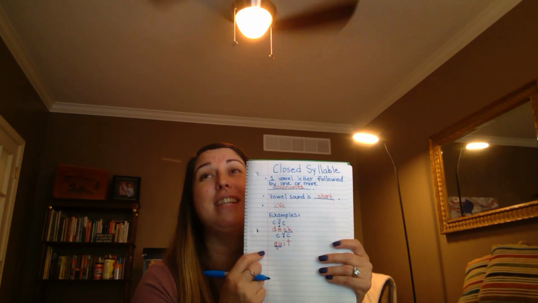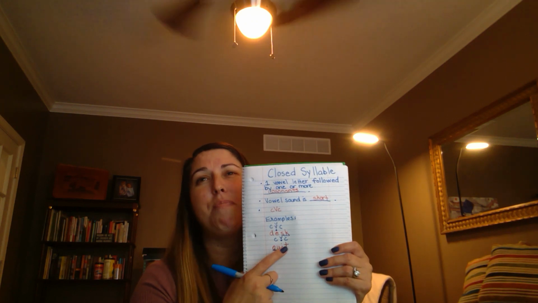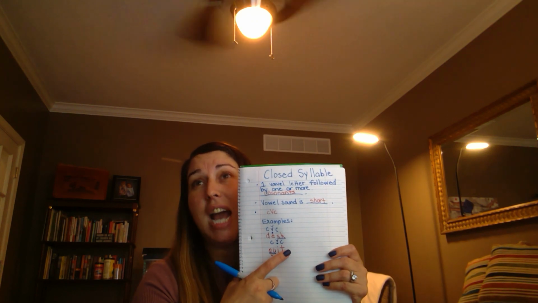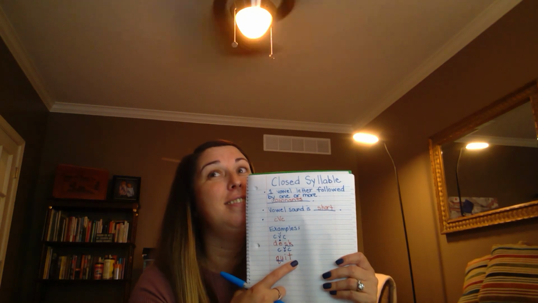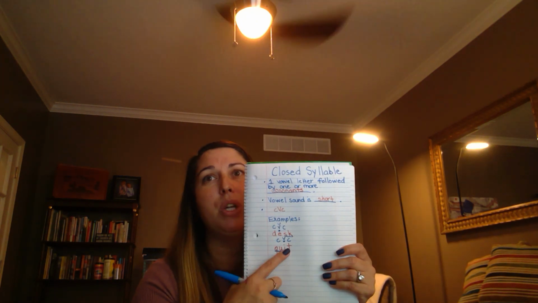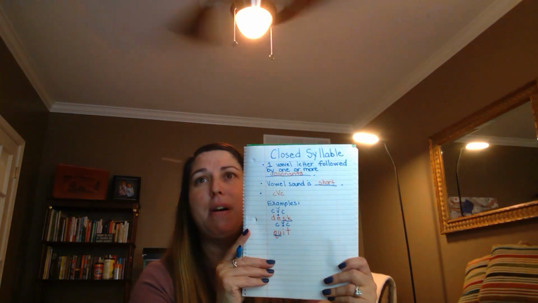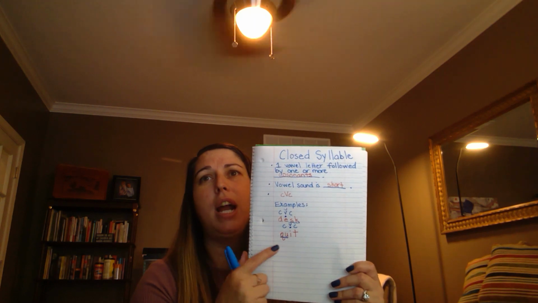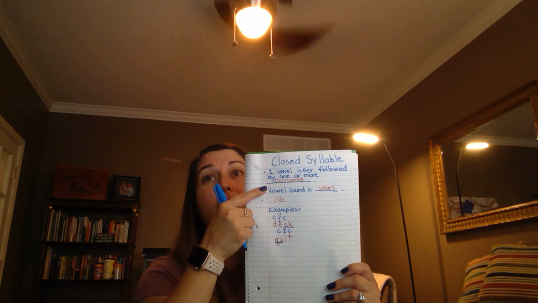If you said it's quit, you're correct. Because in order for it to say the long I sound, it needs a helper E, either in it or behind the T. So we know that this is going to be short, so I'm going to put that short vowel symbol up above it.